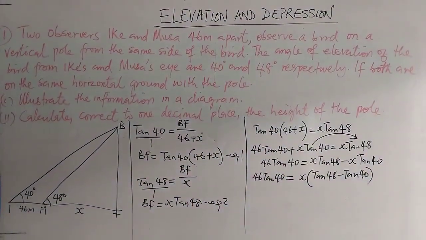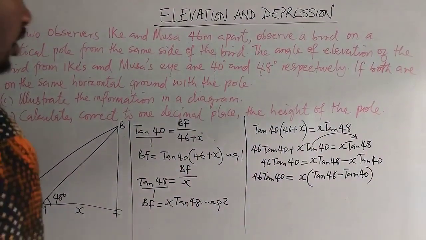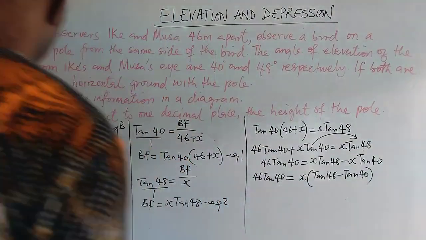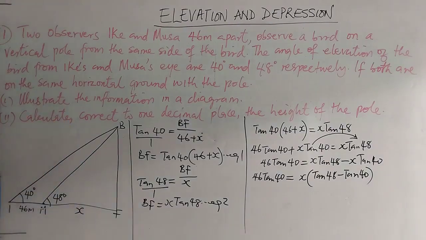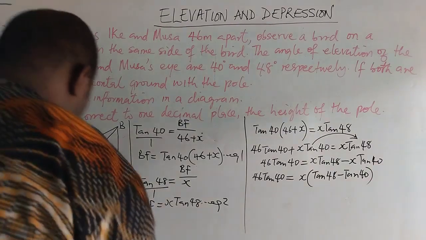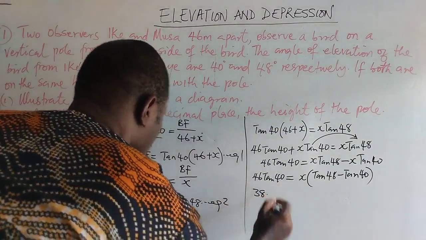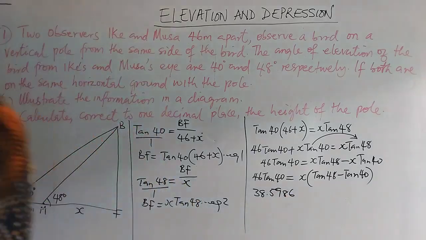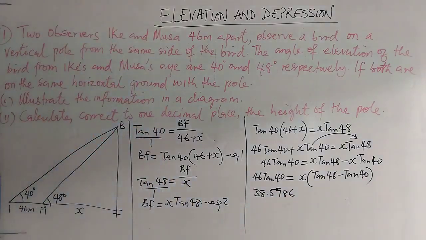Going further, using calculator to do the calculation, we'll have 46 times tan 40 will give us 38.5986 to 4 decimal places.